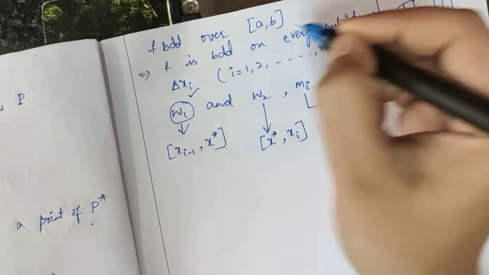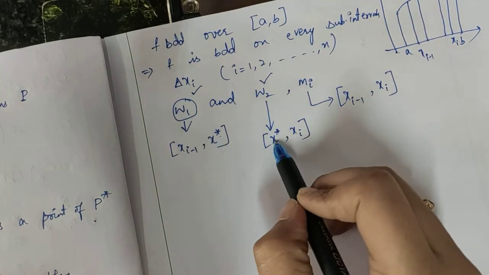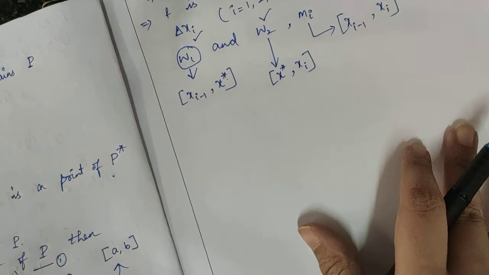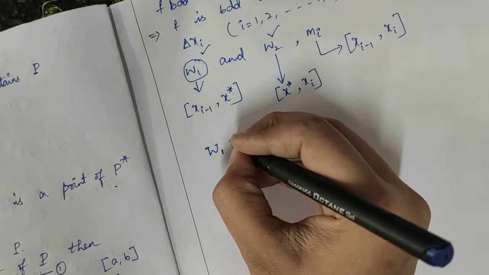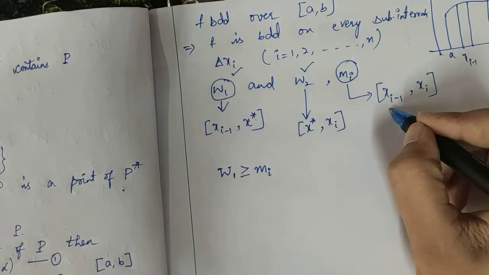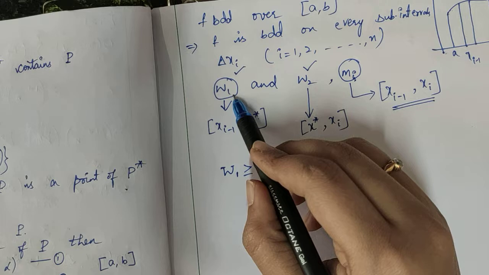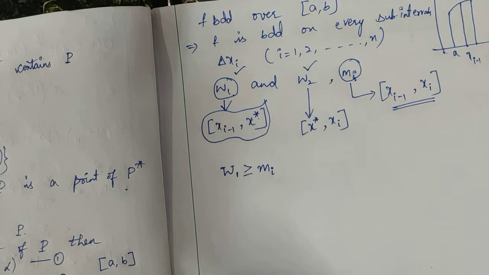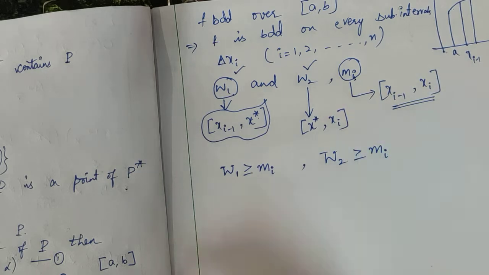Okay, so these two are the infimums which we are defining along with mi, since we have one more extra point in our partition. Now from this clearly I can say that w1 is greater than or equal to mi, because mi is an infimum within the larger interval. So obviously mi will be less than or equal to w1, because w1 is for the smaller interval. Similarly, I can write w2 is greater than or equal to mi.